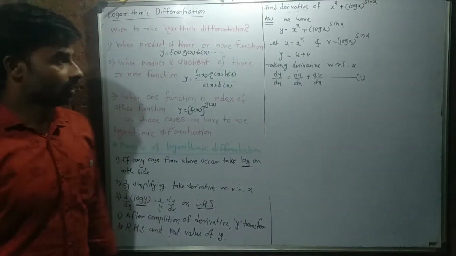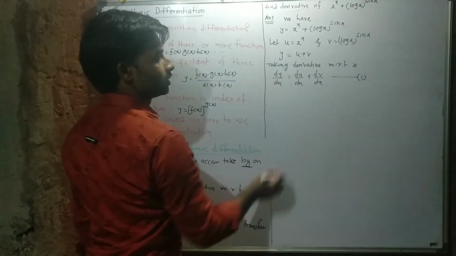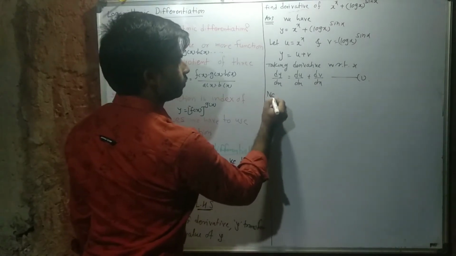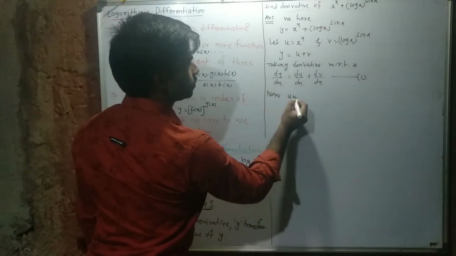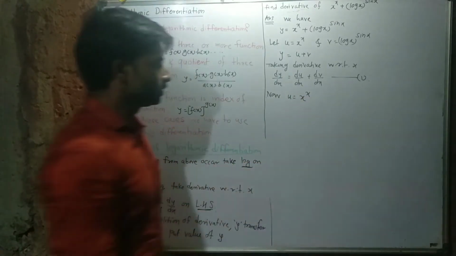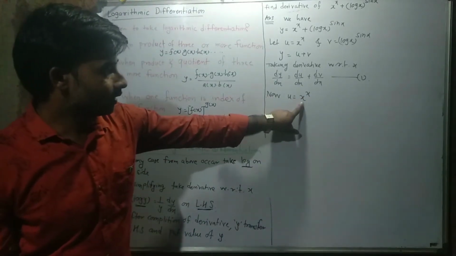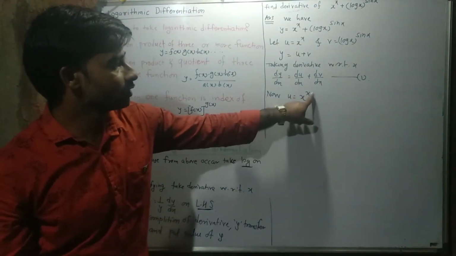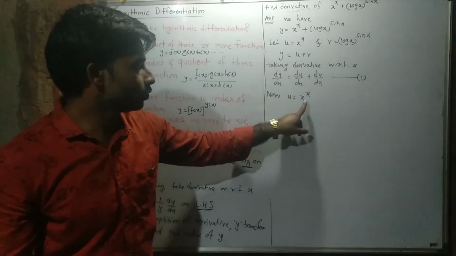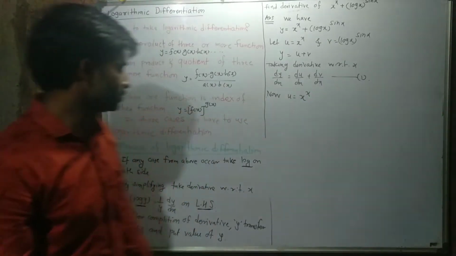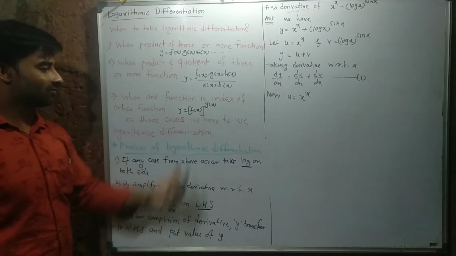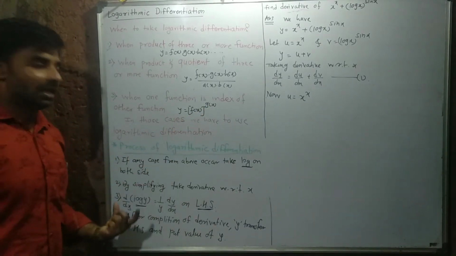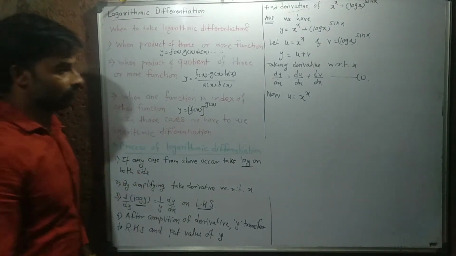Right now we go with the consideration of u. Now u is equal to x raised to x. That means once again x is one function and another function is x, that means one function is the index of another function.